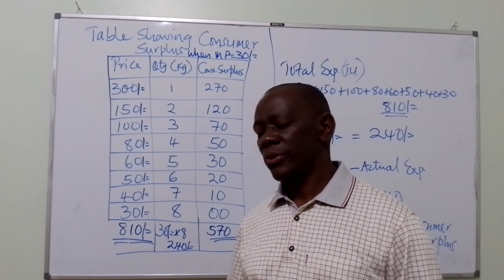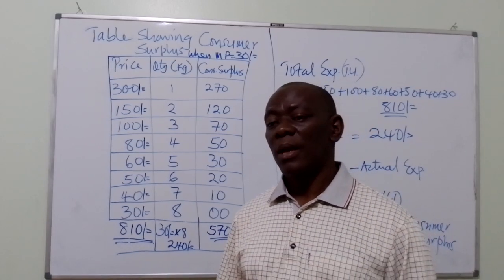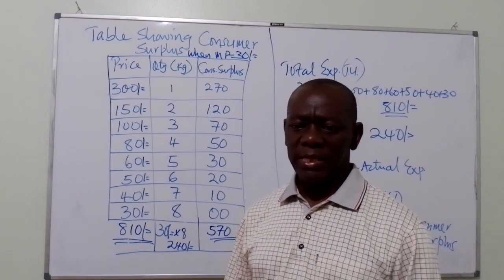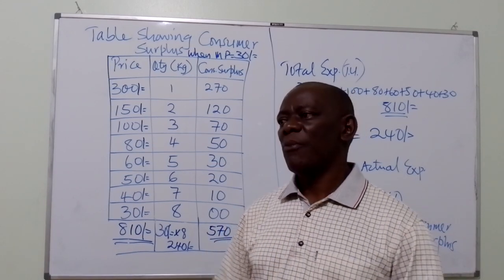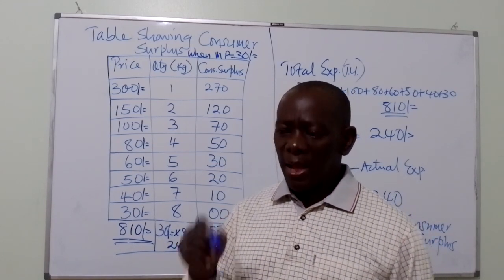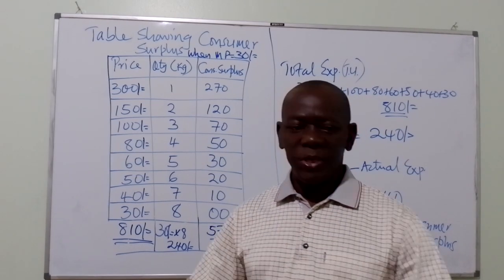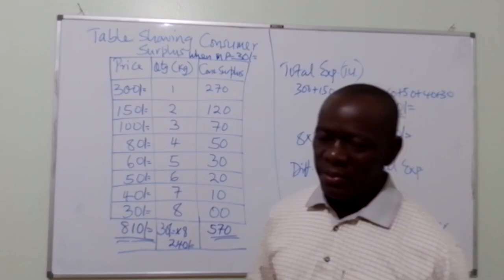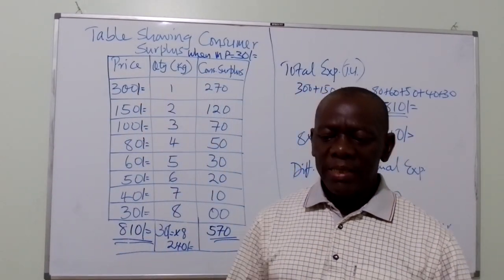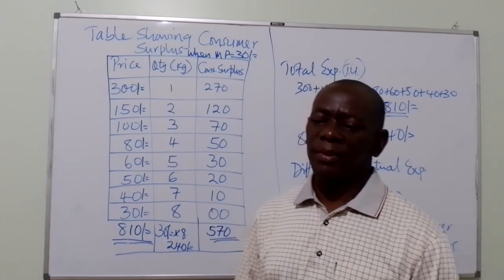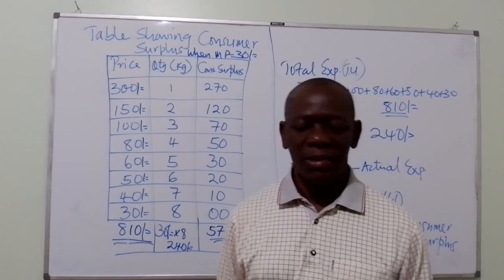You are going to the market, and you want to buy a radio. You leave home with a budget. I'm going to buy this radio at 70,000 shillings. When you reach the market, they tell you the radio is 60,000. By mentioning that price already, you have got 10,000 consumer surplus.